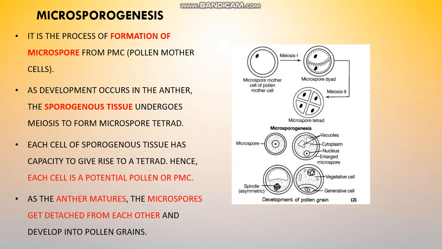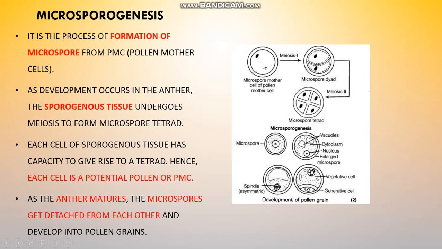Inside each microsporangium, there is sporogenous tissue, as we studied earlier. Each cell of the sporogenous tissue is known as microspore mother cell or pollen mother cell. The process by which these pollen mother cells form microspores is known as microsporogenesis.